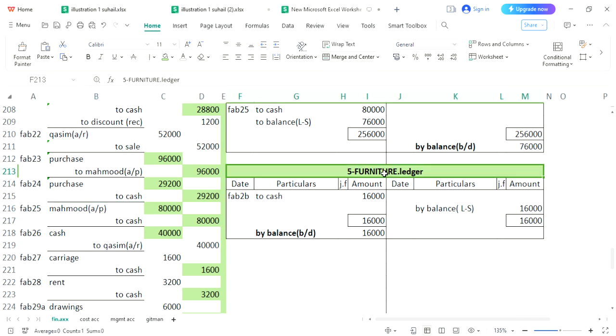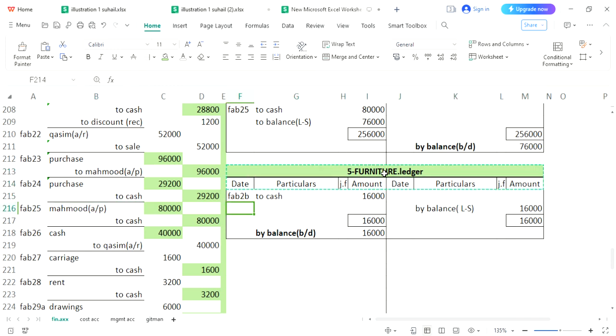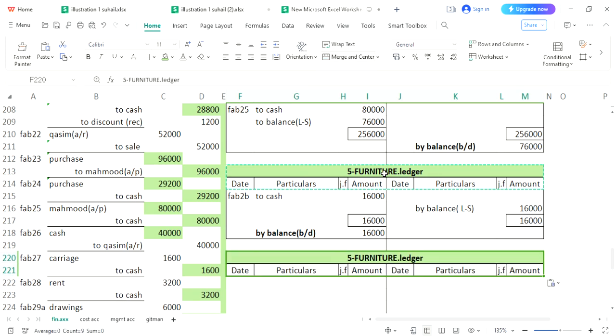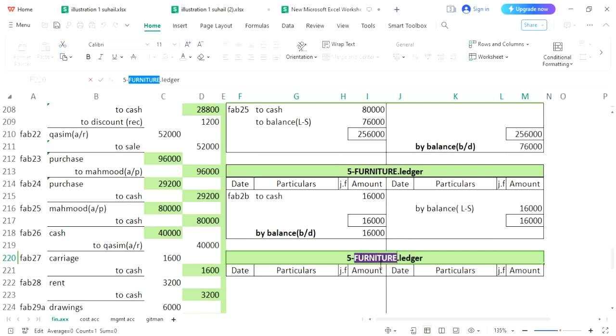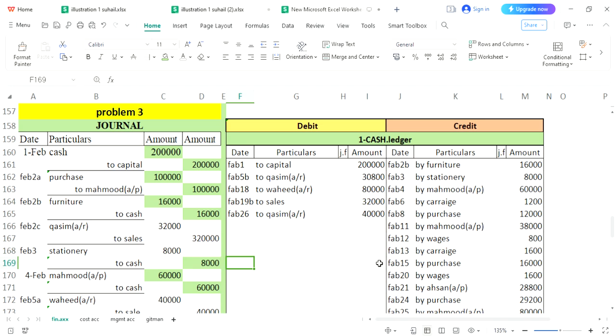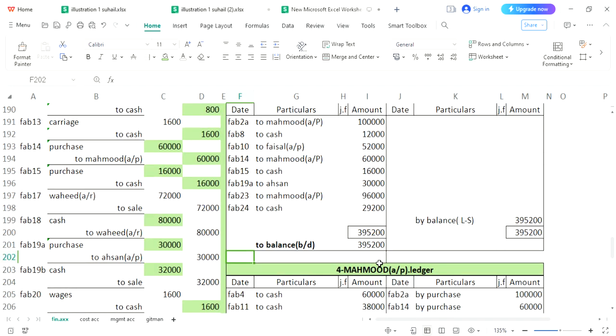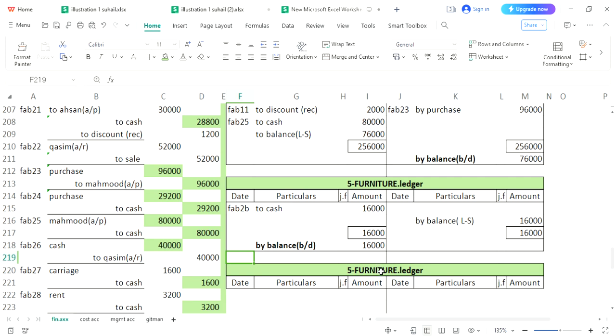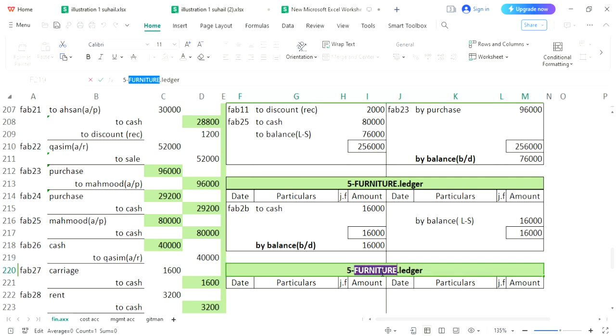For that we are taking the headings from the previous ledger and using the same headings to make the next ledger, just by changing the title. Since the next ledger is Qasim account receivable, here we are going to write Qasim, account receivable.